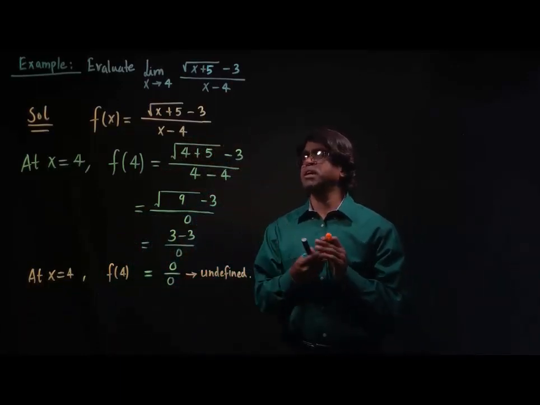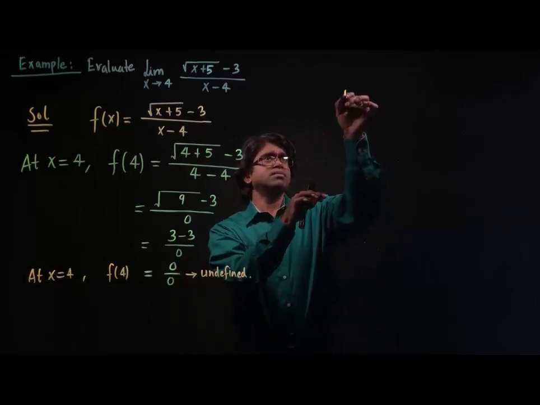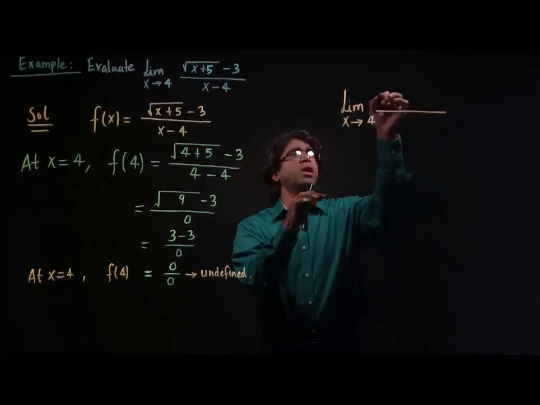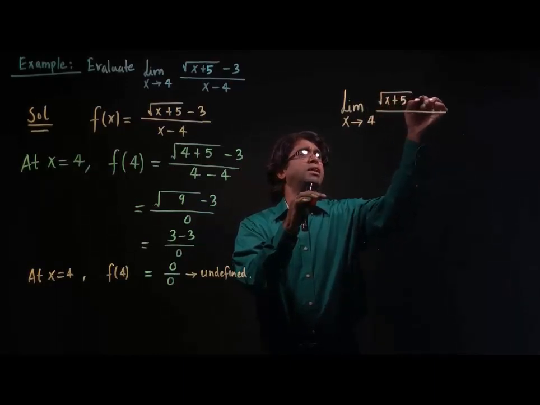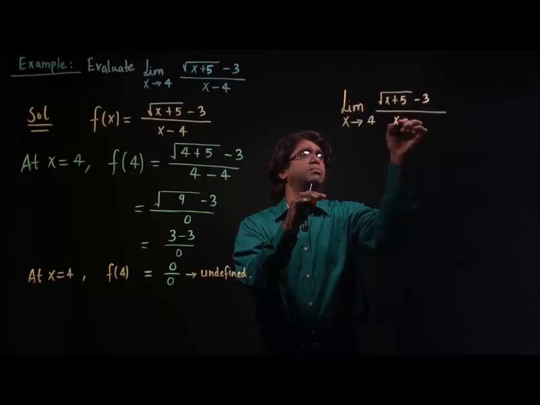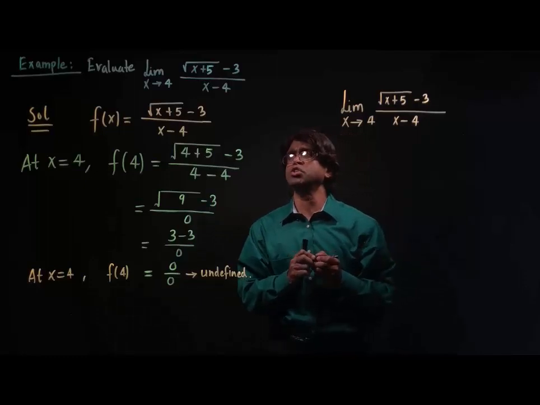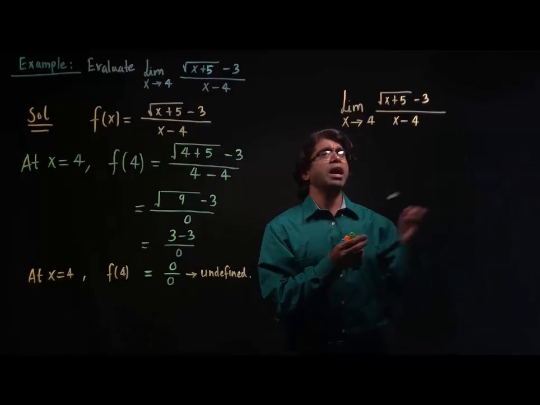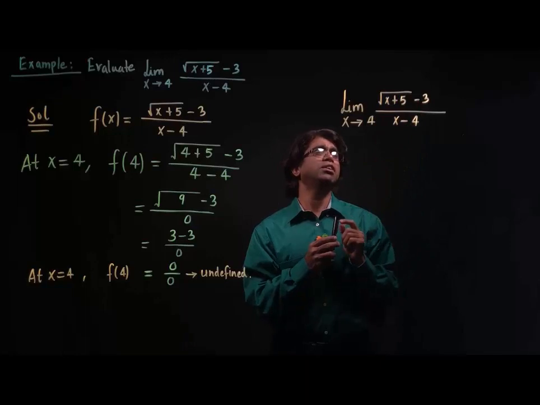Now let's find the limit as x tends to 4 for this function. Our function is the limit as x tends to 4 of the square root of x plus 5 minus 3 over x minus 4. In order to find the limit, I'm going to rationalize. I have the square root of x plus 5 minus 3 at the numerator.